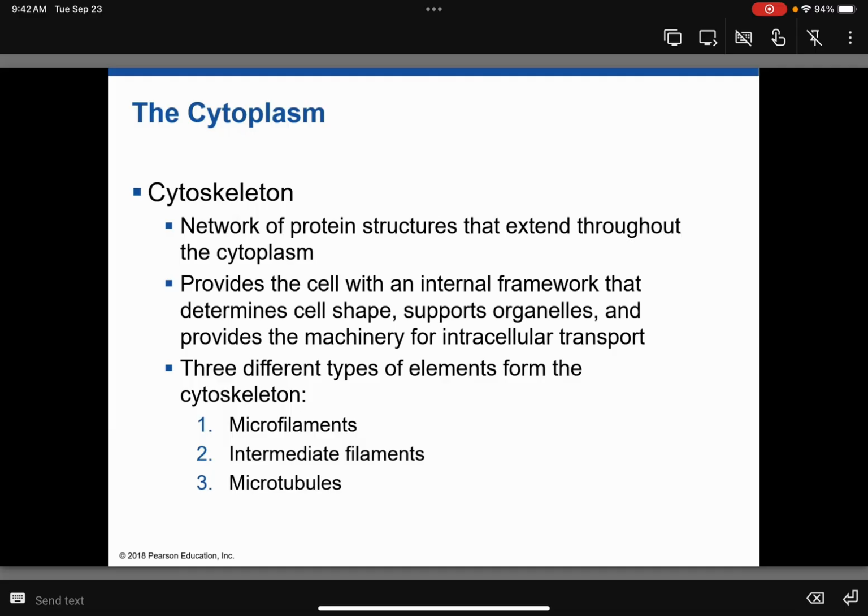So the microfilaments, 7 nanometers, intermediate about 10 nanometers, and microtubules about 25. So microfilaments are the smallest, and microtubules would be the largest. I think that's why I don't have that on there anymore, because it was backwards.